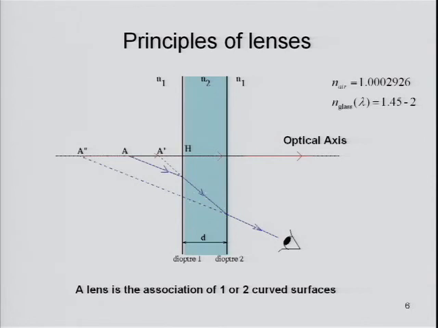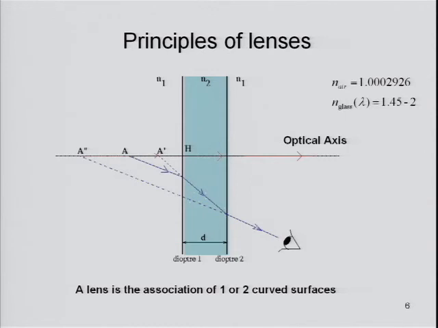If we're looking at an object A in the medium N2, it seems that the object is located at A prime. But if we're, again, on the other side of this N2 medium, which could be a window, for instance, this object seems to appear from another position, which is A second.